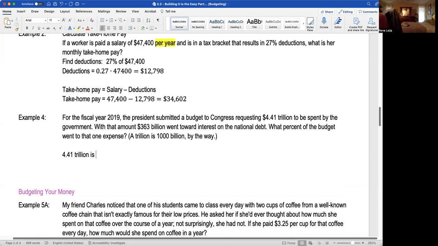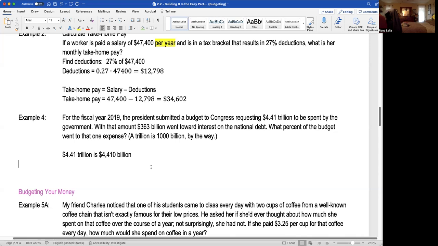So this is going to be 4,410 billion dollars. So $4.41 trillion is 4,410 billion dollars. Okay, so now that I have billions, what percent of the budget went to that one expense?